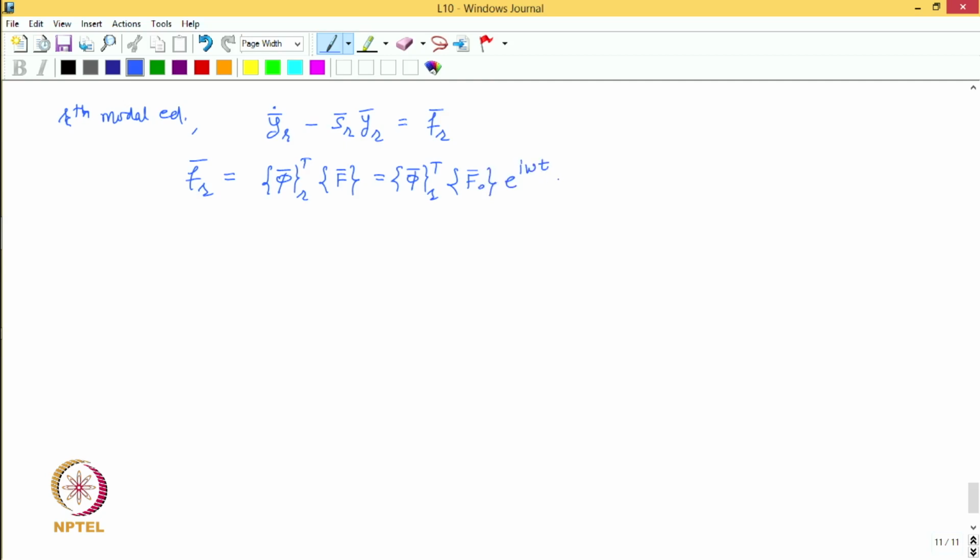We can represent this by F R O bar e to the power I omega t. Also, y r bar can be represented as y r o bar e to the power I omega t, because if the modal force is harmonic, the modal response is also harmonic.